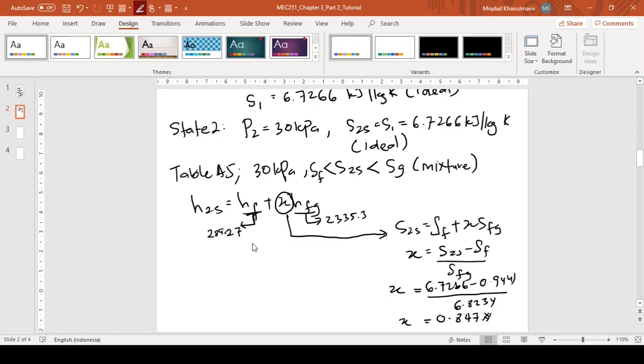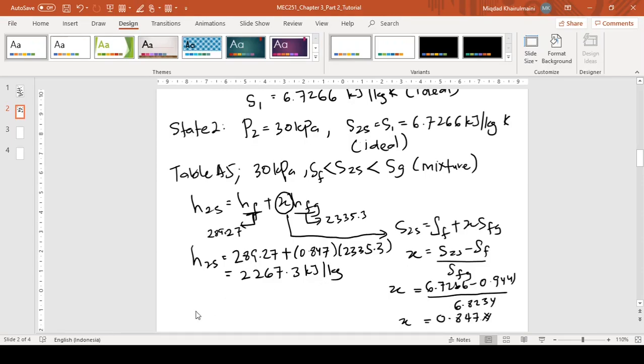So to calculate h2s: 289.27 plus 0.847 multiplied by 2335.3. This will give us the ideal specific enthalpy at state 2 as 2267.3 kilojoules per kg. So this is the ideal.